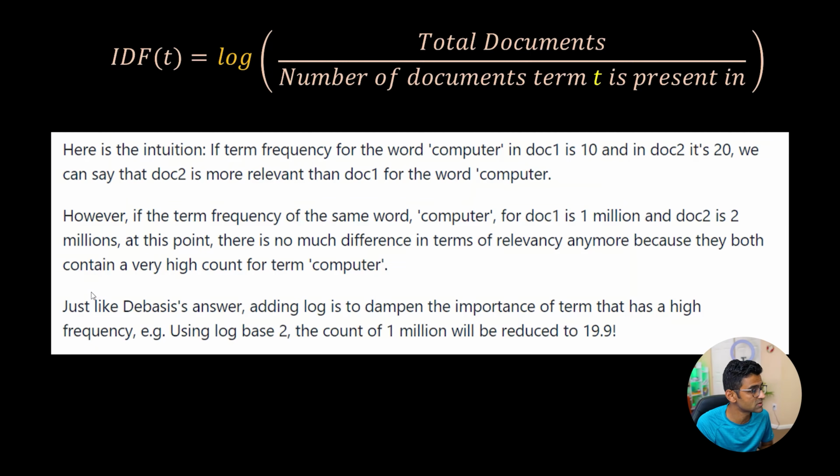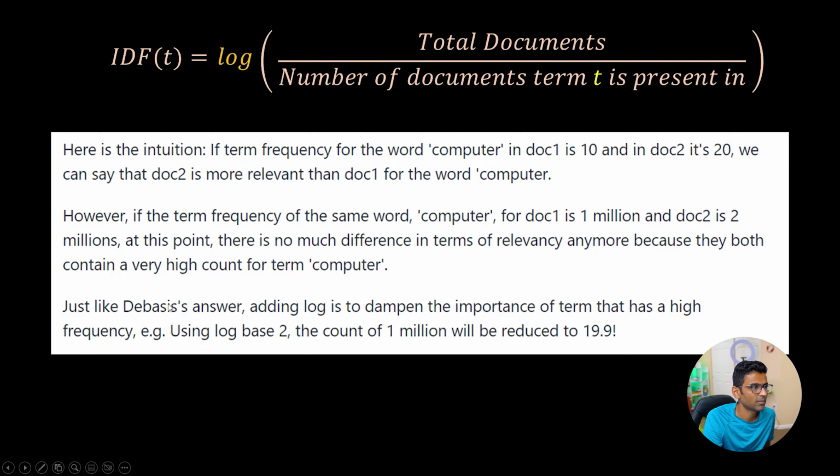Credit goes to Unki and Stack Overflow. Let's say in a document, you have a term called computer, which is relevant for your given NLP problem. And if the term appears 1 million times, you know that that term is important. I'm talking about that one term appearing in your specific document, right? So now if it is 1 million or 2 million, it is all the same, correct? Doesn't matter.